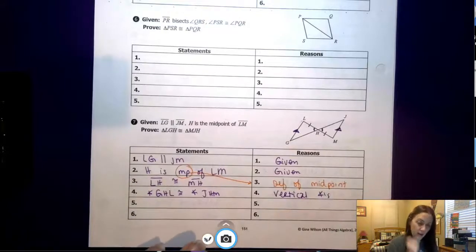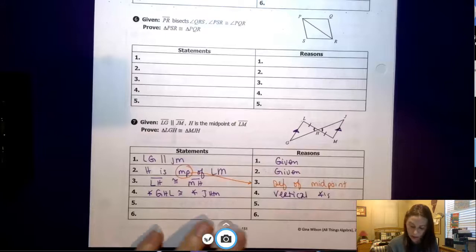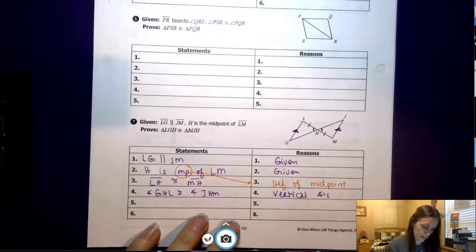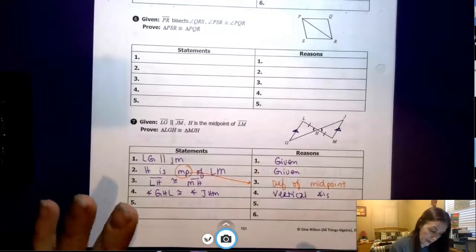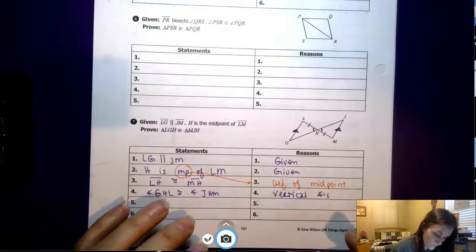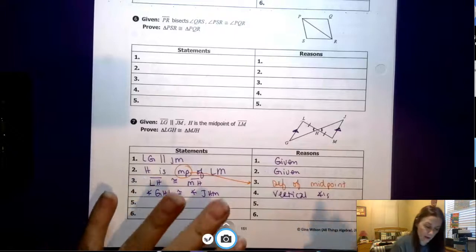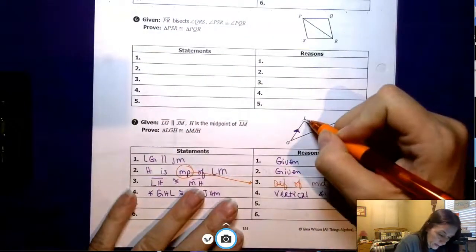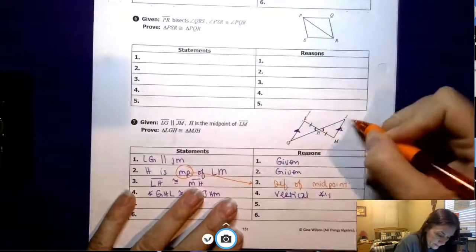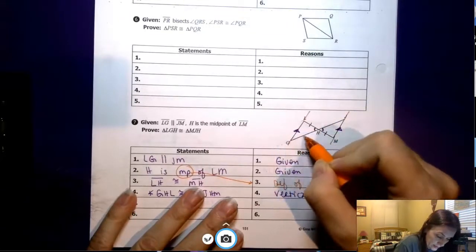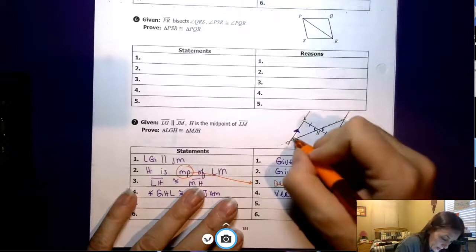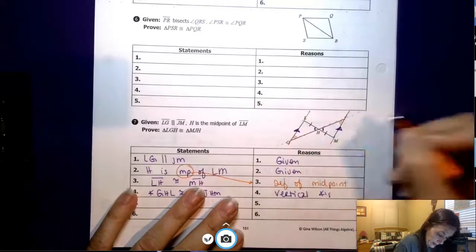Now, is there another angle I can prove? Now, I could do this. I probably want to use my angle side. And I could do this either way. But remember, you have two parallel lines here. If I want to extend them, I can, cut by this transversal. So I have this angle here and this angle here.